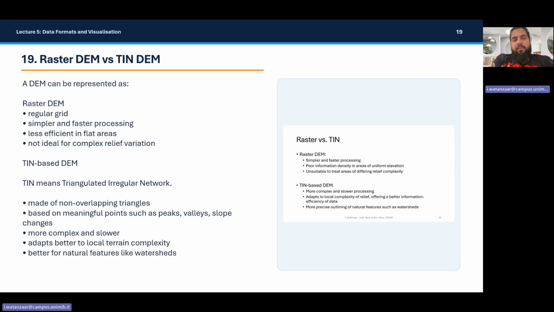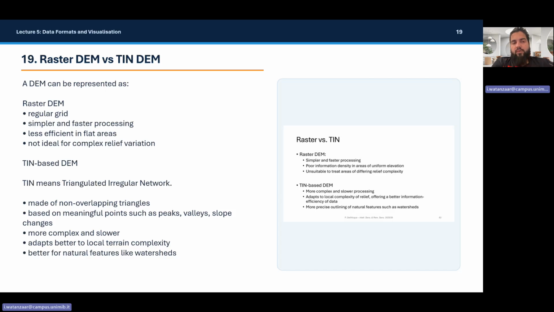A DEM can be represented as a raster DEM. It's not necessary to be vector, but it is also possible to represent it as a raster DEM, in the regular grid of cells or pixels. It is simpler and faster for processing, but less efficient in flat areas, and not ideal for complex relief variation.